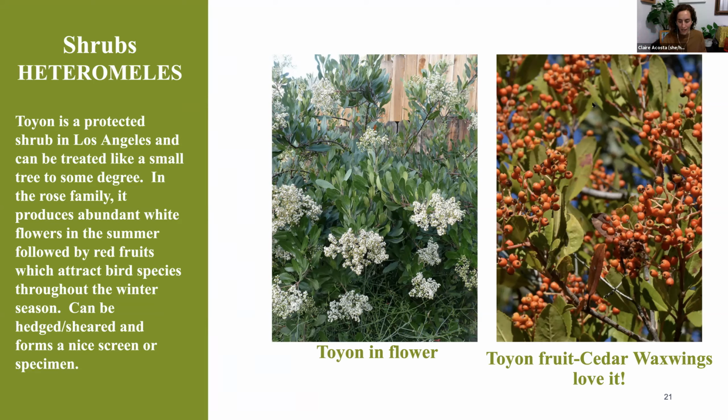The fruits are edible when dry. Apparently they can be toxic in really high quantities, but you'd have to be a bird to eat that many, because they are very small. It's a lovely evergreen plant with delicately, lightly serrated leaves. I was really late to the toyon love game, so it's one of my faves now.